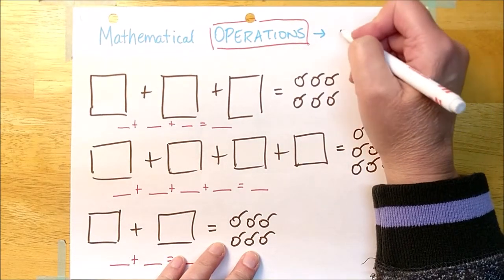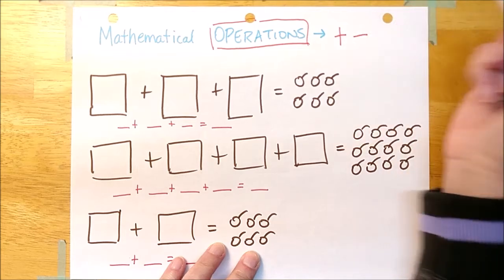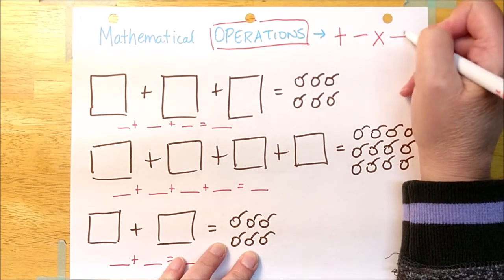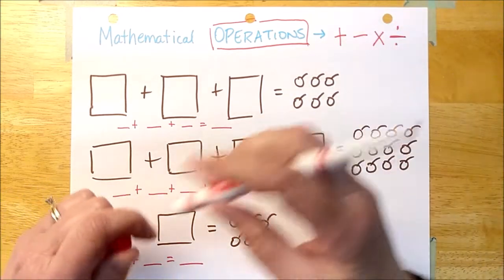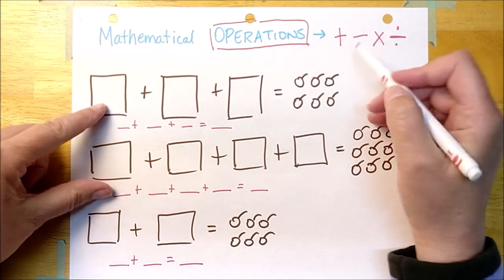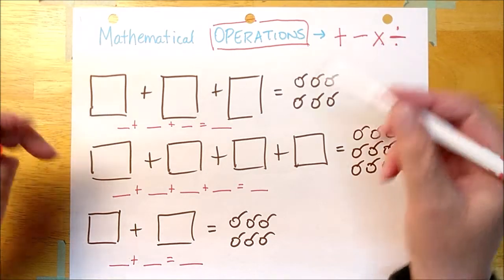Addition is one of them. Subtraction is one. Multiplication is an operation. And division is an operation. So if you are asked what operation you are going to do in math, you say, I need to decide if I'm going to add, subtract, multiply, or divide.